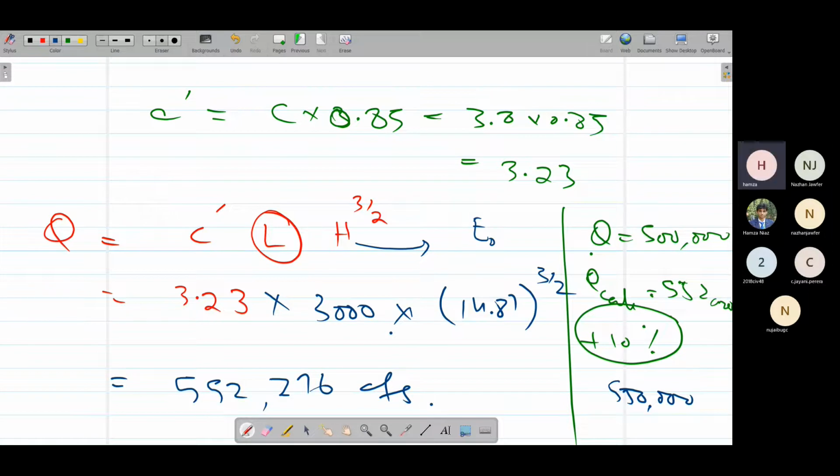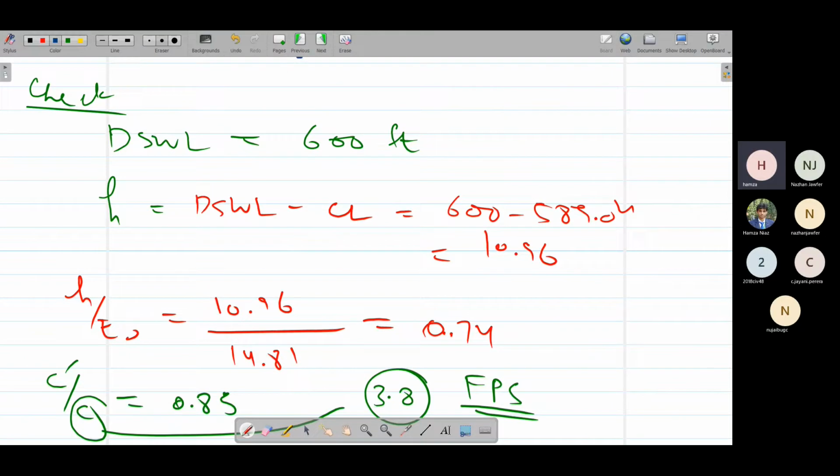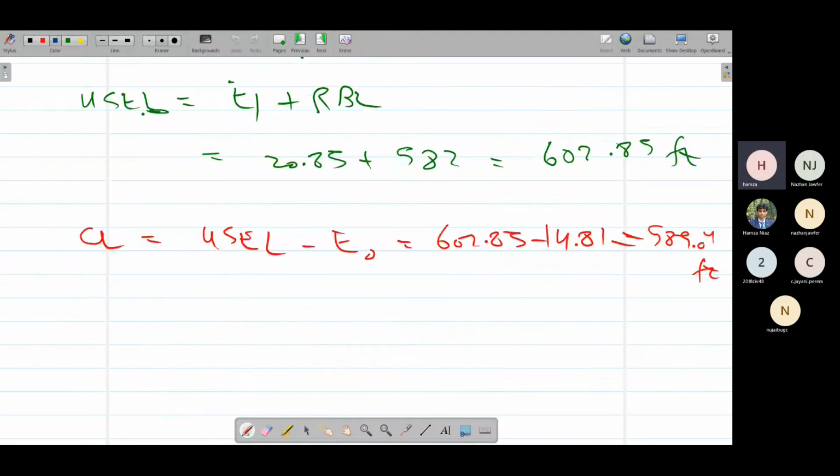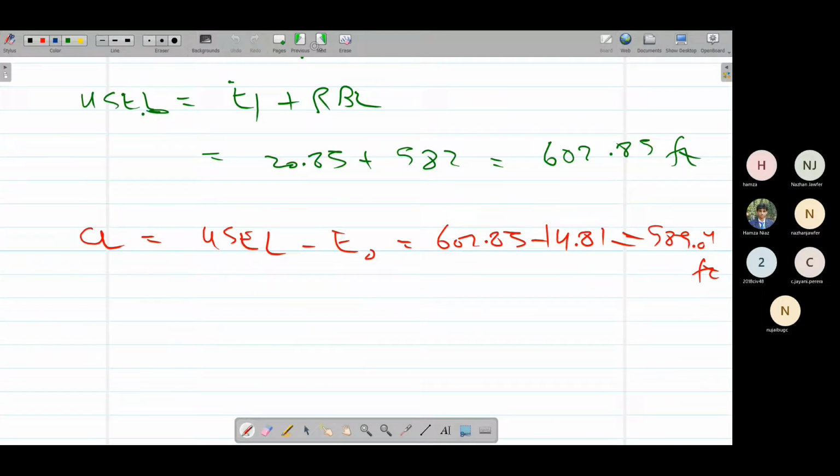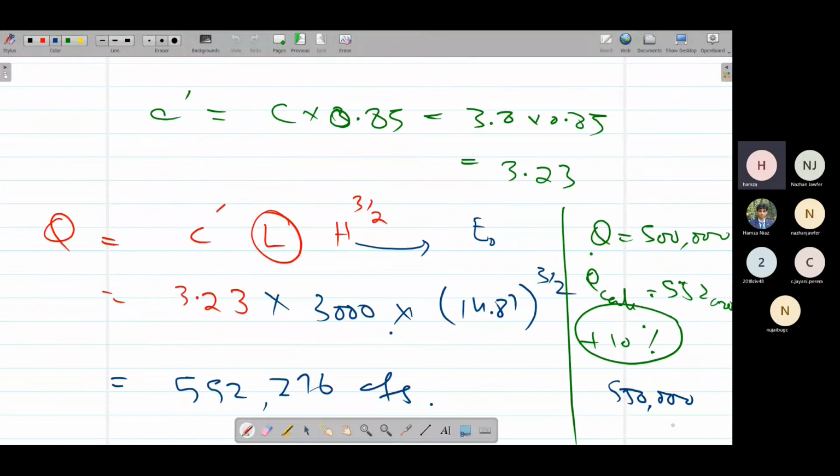But if we have to be more accurate, we can do this whole procedure again by revising the flux value. We assumed this flux as 2 feet. If we assume 1.9 or 1.8 feet, our discharge value would be reduced. This is how, if we assume a wrong flux value at the start, we see it in our answer here.